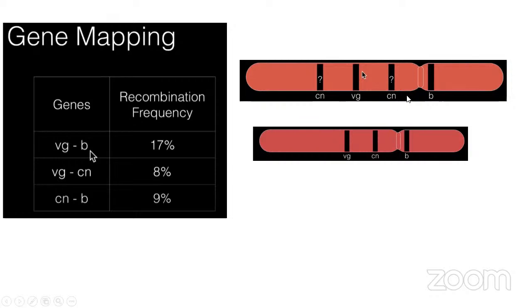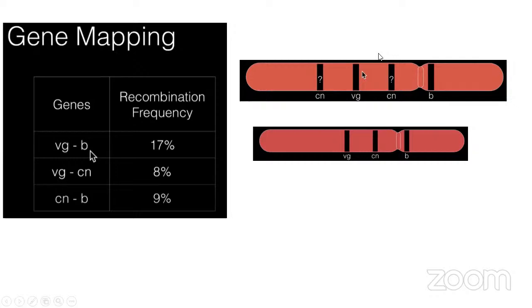That clearly shows that the CN location will be on the right-hand side, because if CN were on the left-hand side, the distance between CN and B could not be 9 centimorgan, since that distance would be clearly larger than 17%.